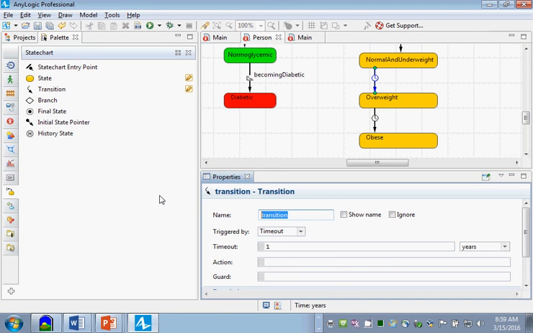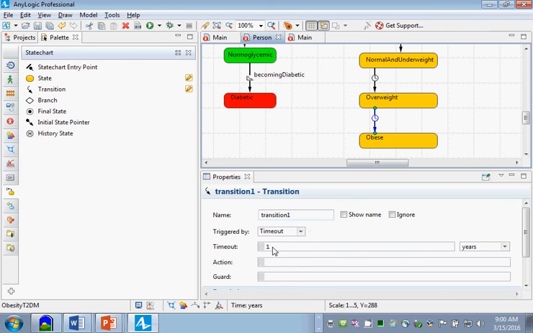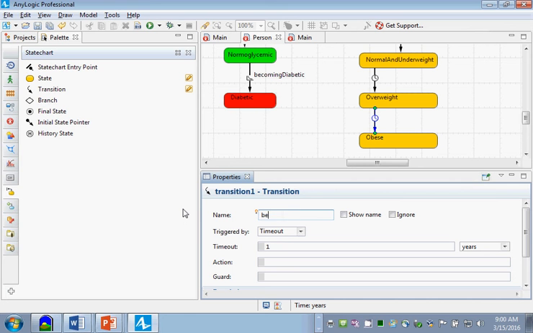So this will be called becoming overweight, okay? Okay, and going from overweight to obese will be called becoming obese. Okay? Great.